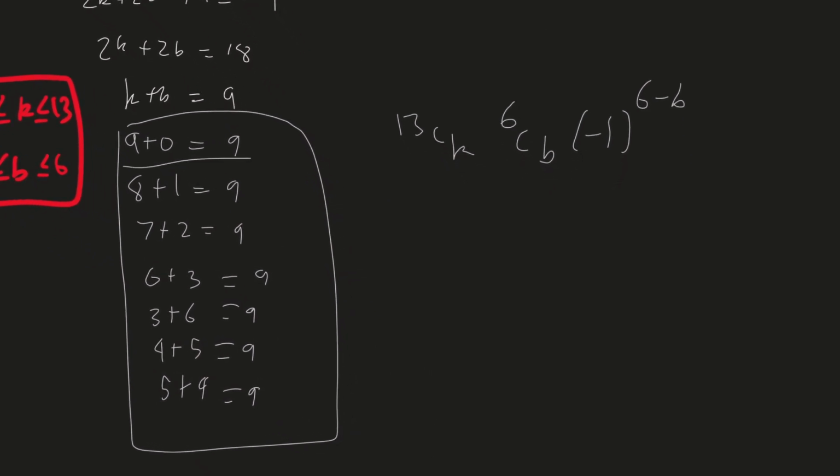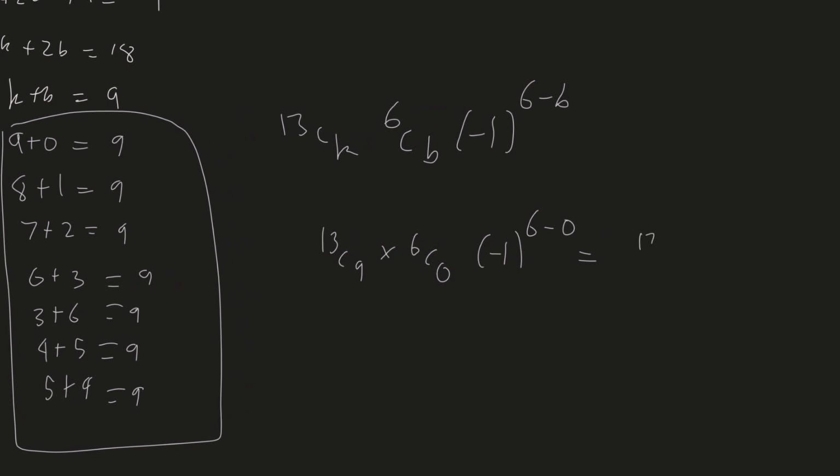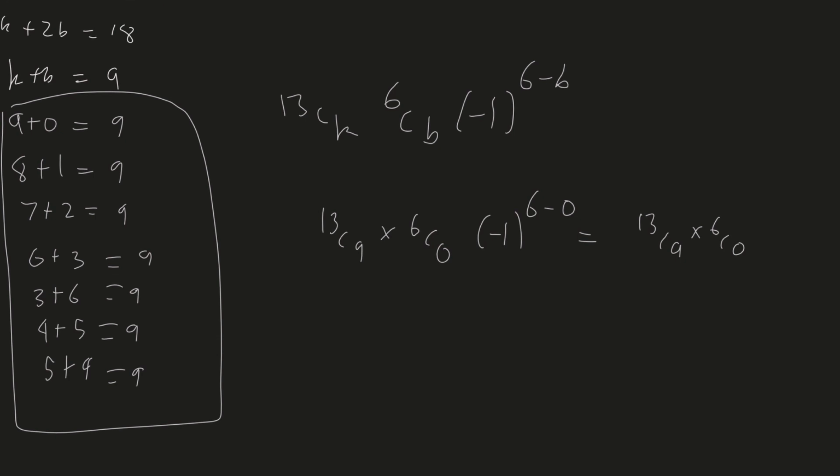So for the first one, 9 plus 0, we are just going to do 13 choose 9 times 6 choose 0 times minus 1 to the power of 6 minus 0, which is equal to 13 choose 9 times 6 choose 0, just times 1, so I won't include that.